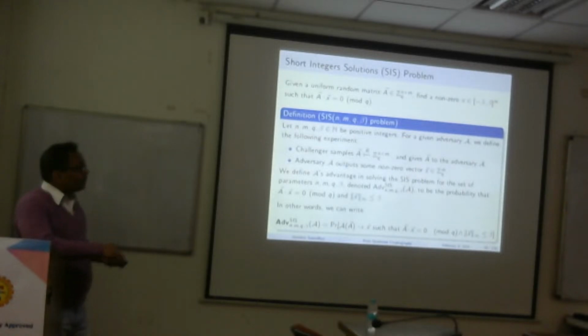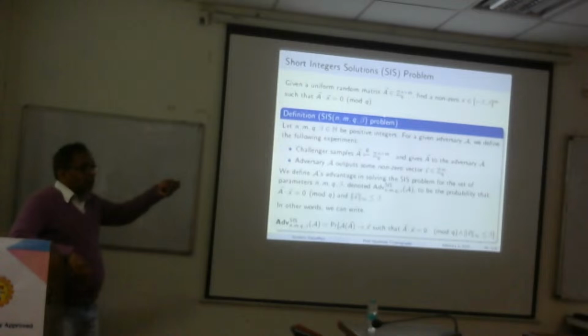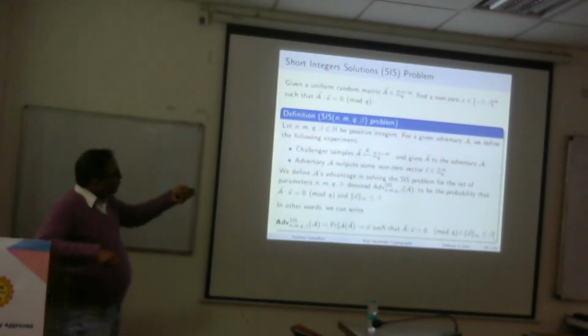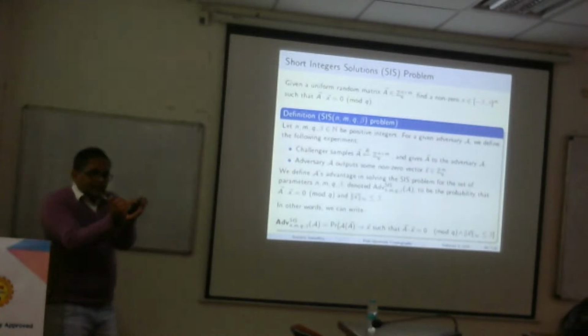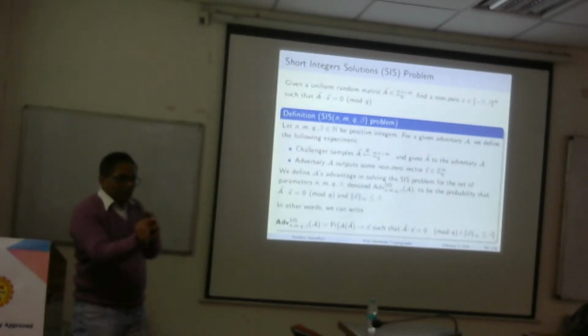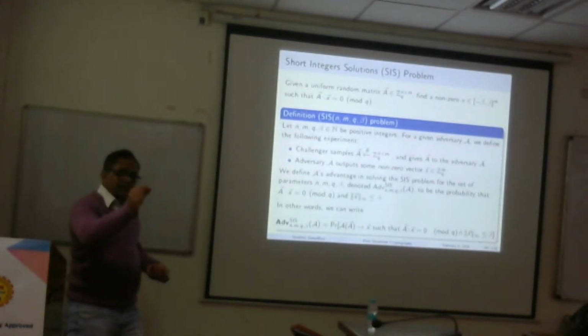The problem comes because I am now saying all solutions I don't want, because everything is mod q. You have many solutions actually. So what I want is solutions which are bounded in size. Every value should not be very large. Beta will be a small number. Maybe I can even make beta 1. So your answer should be either minus 1, 0 or 1. Every value in the vector x should be either minus 1, 0 or 1.